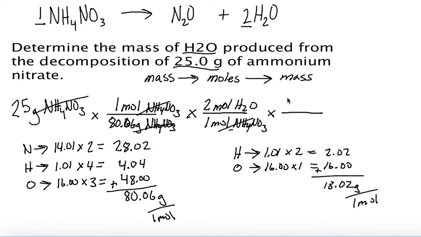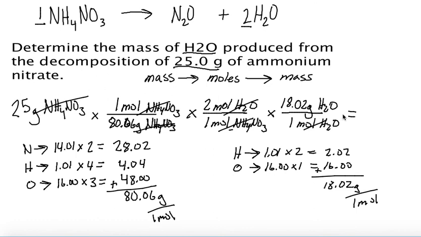So up here, we're going to put grams on top because I'm trying to figure out grams of water. So 18.02 grams of H2O for every 1 mole of H2O. Moles of H2O will cancel because they're diagonal.